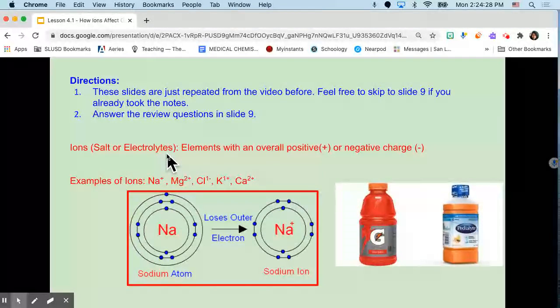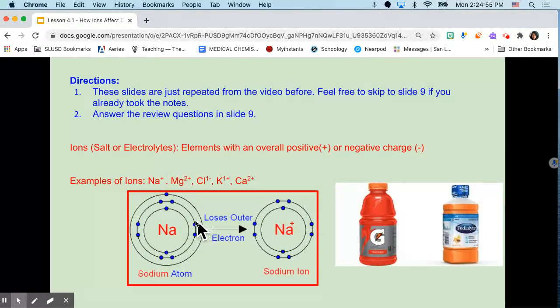So all ions are elements like sodium, magnesium, chlorine, potassium, or calcium with an overall positive or a negative charge. Basically, these elements are slightly magnetic, or they're charged in some way. In future lessons, we'll talk more about what these ions look like and why they become this.